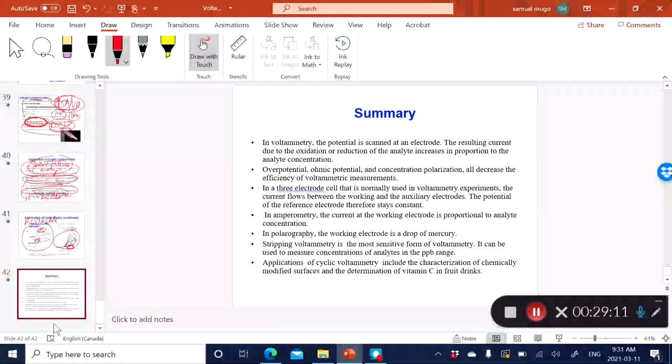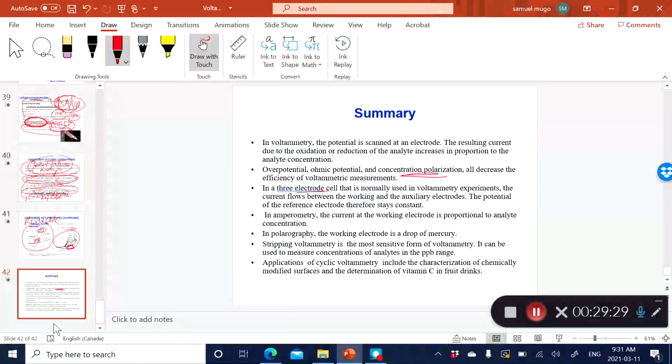So a quick summary of all what we've talked about. Voltammetry in general, very, very important technique. It's based on concentration polarization. You are not waiting for equilibrium to take place. It's diffusion dependent.